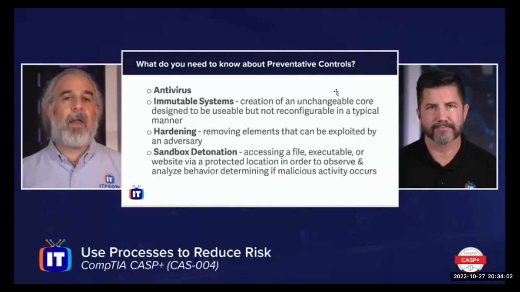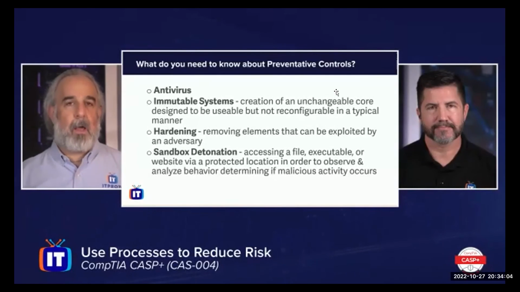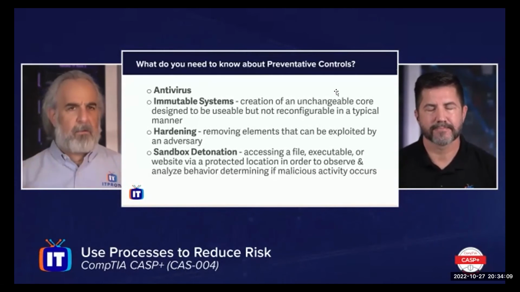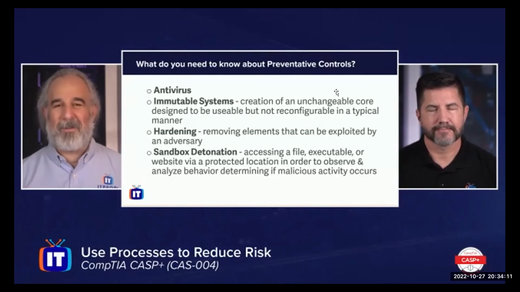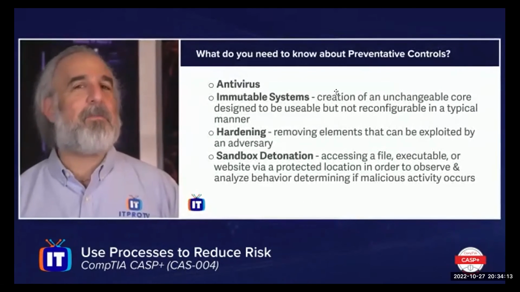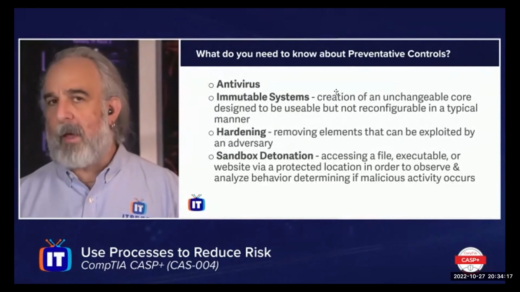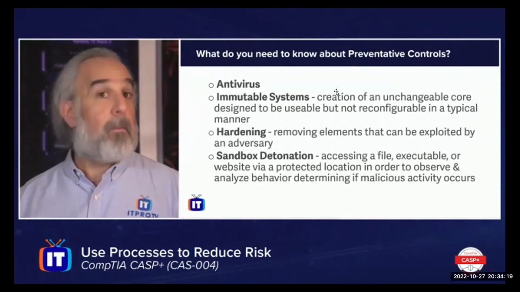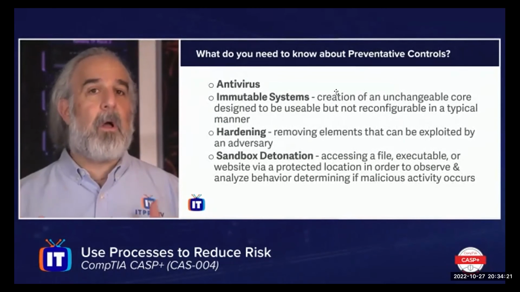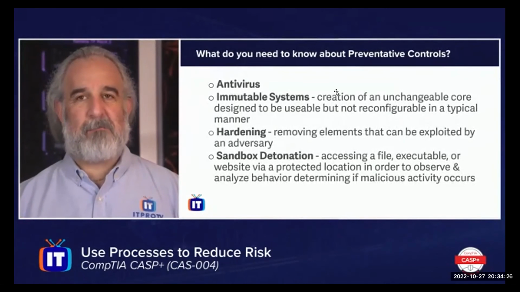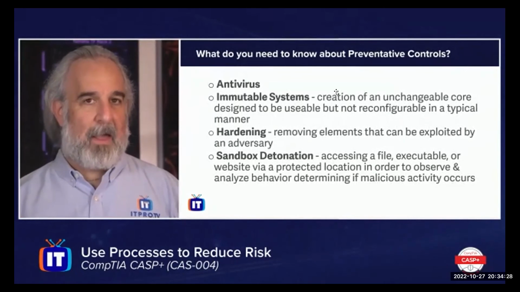So when we think about preventative controls, right, what we're talking about ultimately are going to be things, and there's a small list on the screen. These are not by any means the only ones that exist. There are many, many of them, but just a small sampling. But ideas here are going to be around things that can be put in place and that are going to allow us, number one, to have some sort of, hopefully, automation associated with the process of monitoring and trying to mitigate risk.